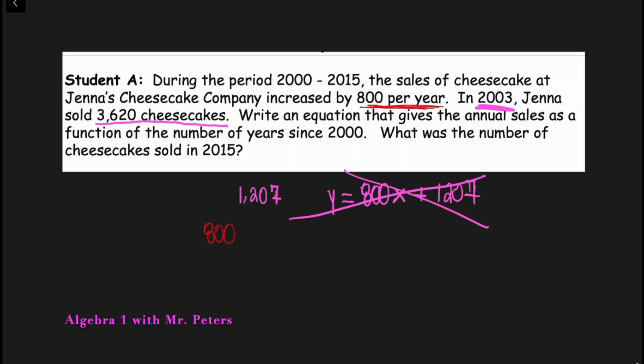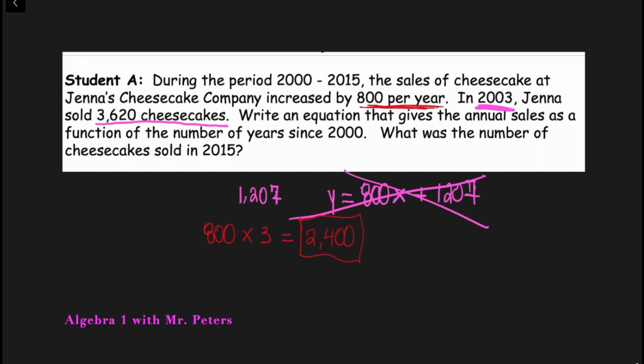So what we had to do was take 800, right? We know between 2003 and 2000 it's 3 years. So we multiply that by 3 for the 800 she has every year, or she increases every year. So year 3, she has 2,400 cheesecakes, right? That's standard.